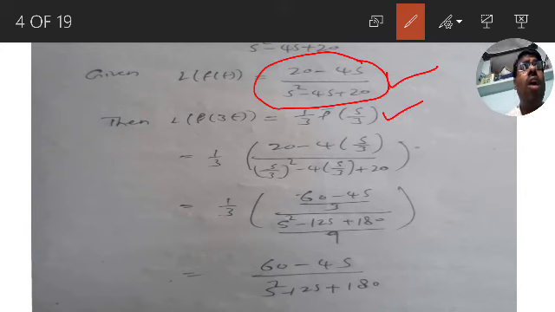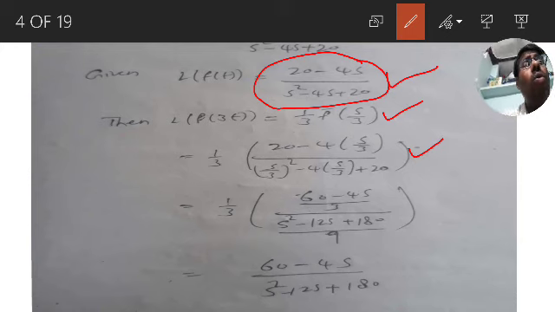We have L of f of t as 20 minus 4s by s square minus 4s plus 20, which is our f bar of s. Now we need 1 by 3 into f bar of s by 3. 1 by 3 is a constant; outside we need f bar of s by 3. So in f bar of s, replace s by s by 3. You will get 20 minus 4 into s by 3, by s by 3 whole square minus 4 into s by 3 plus 20.